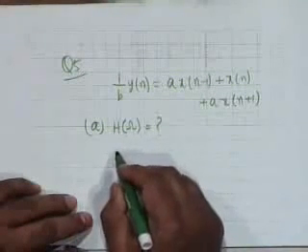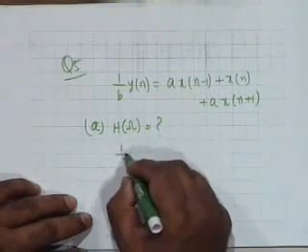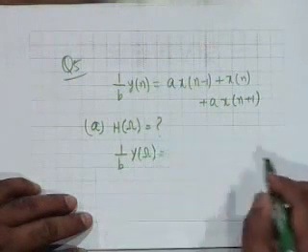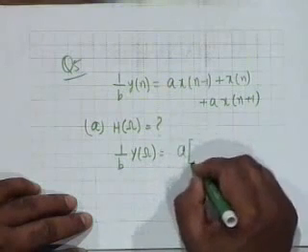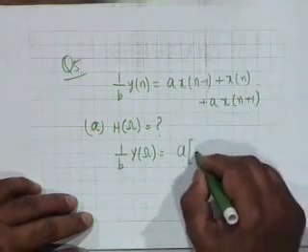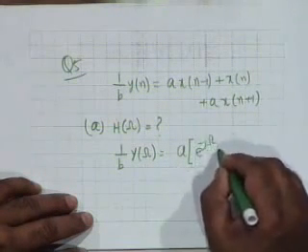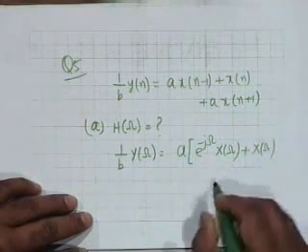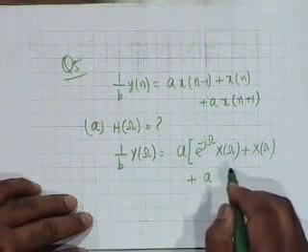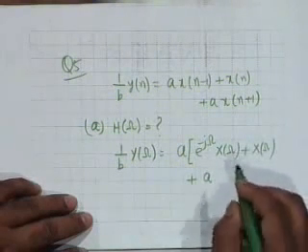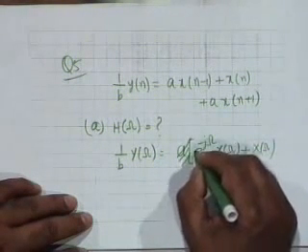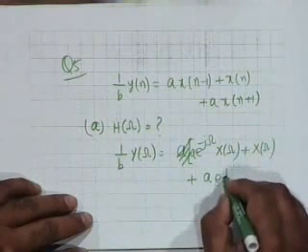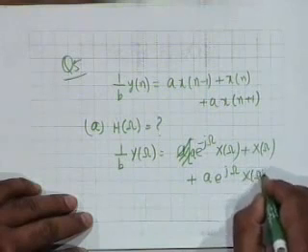Obviously, if I take the Fourier transform of both sides, 1/b Y omega is equal to, by the shift theorem, a e to the minus j omega X of omega, plus X of omega, plus a e to the plus j omega X of omega.